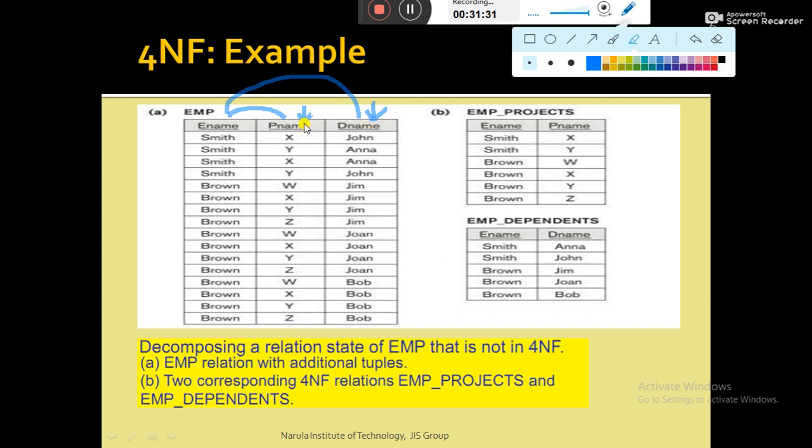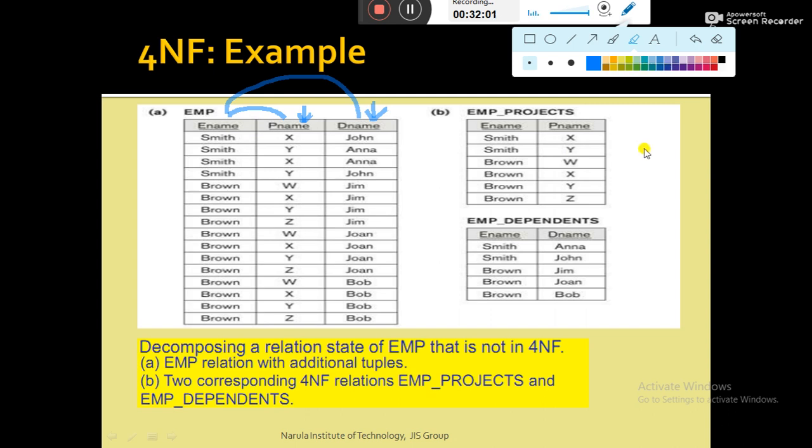That means these two multi-valued attributes pname and dname are totally independent. So the relation EMP has two independent 1:n relationships. So we can say that the relation EMP has two MVDs. One is ename double arrow pname, another one is ename double arrow dname.